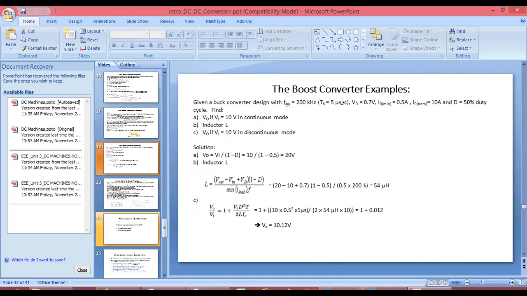It means they have given the time also, the diode voltage also, the minimum voltage, the minimum current, the nominal current, and the duty cycle. So here we are supposed to find VO. If Vi equal to 10 volt, duty cycle is given, output is given, we are having the formula for the duty cycle.